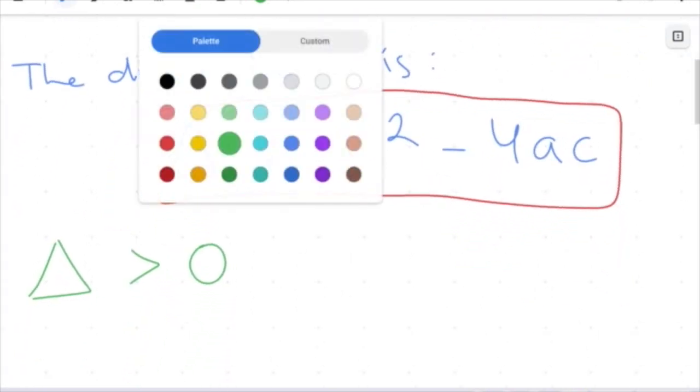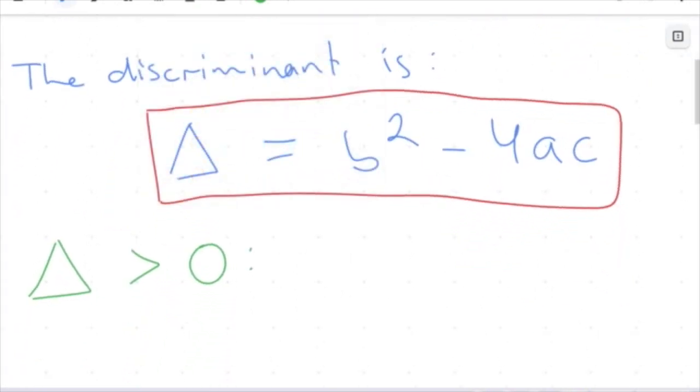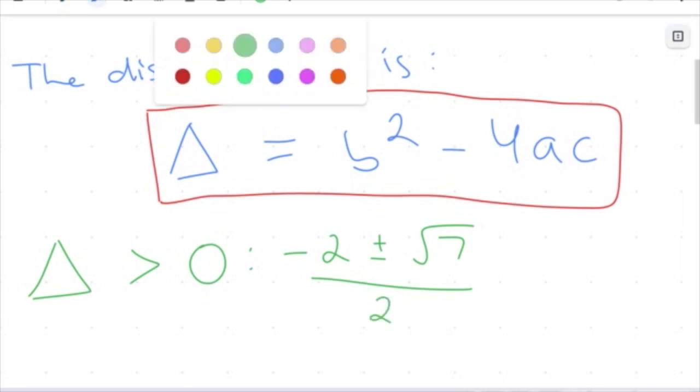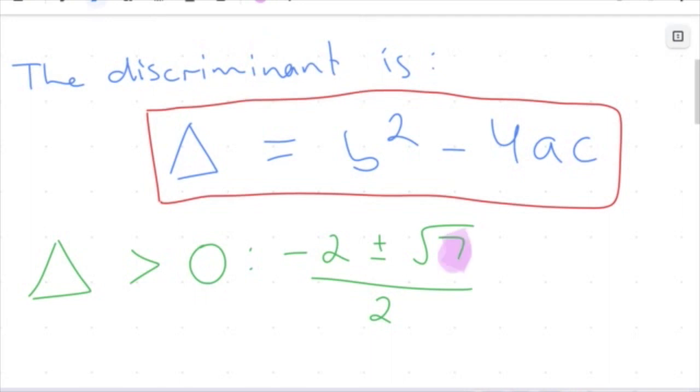So, taking a look at an example like, I don't know, minus 2 plus or minus the square root of 7, for example, over 2. Now, 7 is in fact greater than 0.